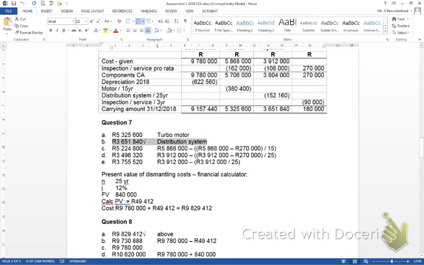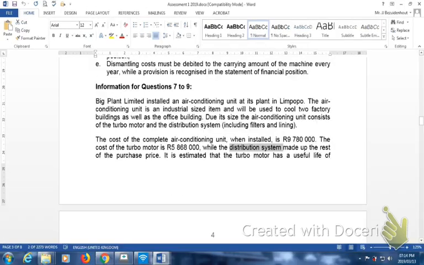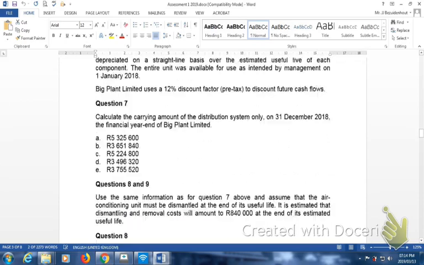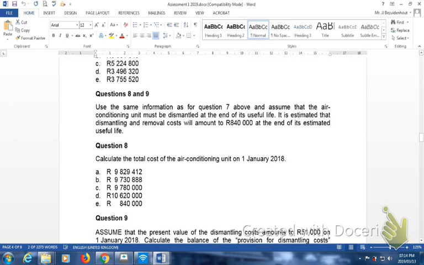Now in question number 8, we said the following. In question number 8, we said, use the same information as for question number 7 and assume that the air conditioning unit must be dismantled at the end of the useful life, and the estimated dismantling removal costs is about 840,000.